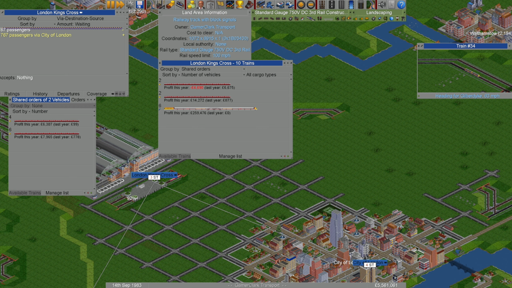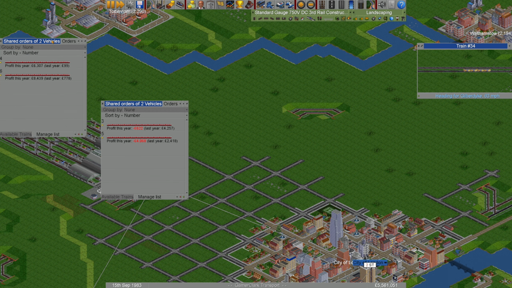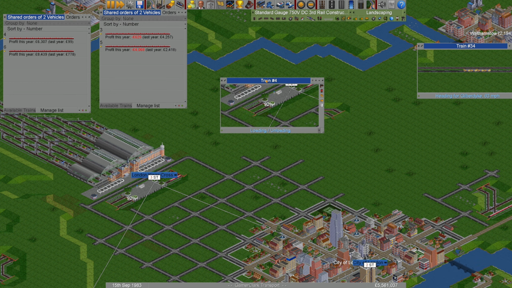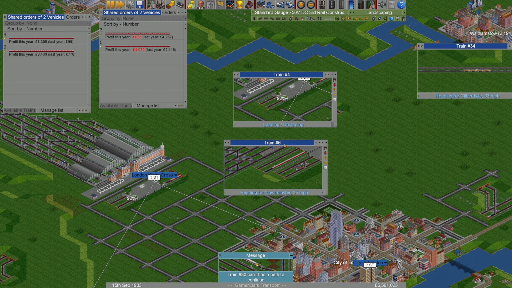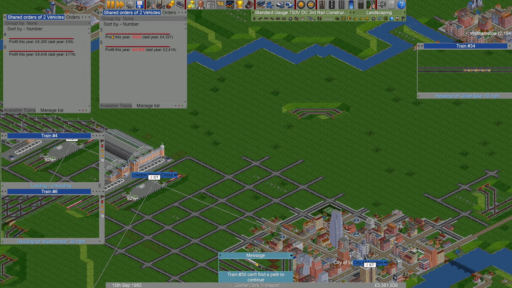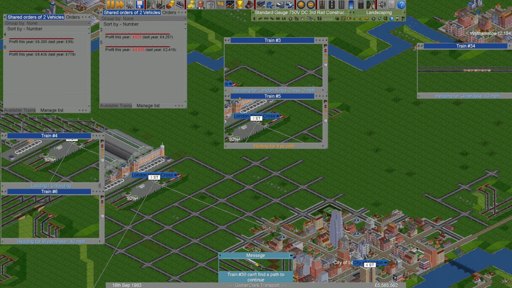Let's do a bit of fault finding whilst we're here. So got this one, which is there. Got this one, which is there. So we can call those two 4 and 6 counterclockwise. We've got 3 and 5, which are doing the same journey.